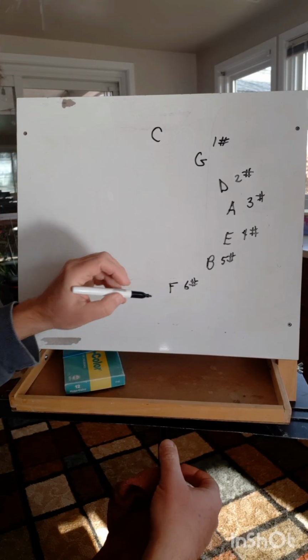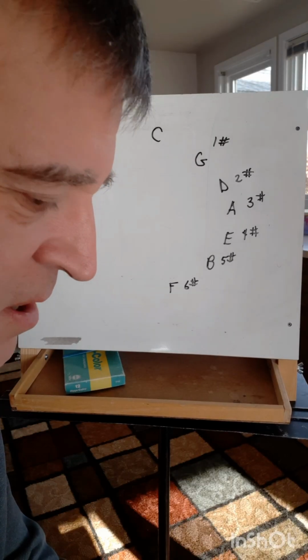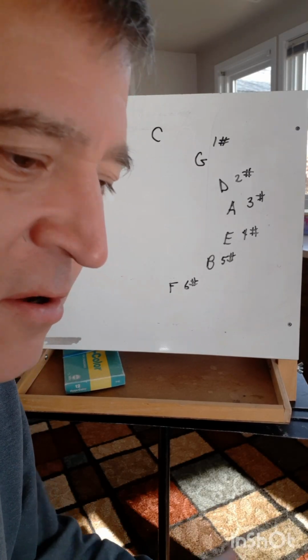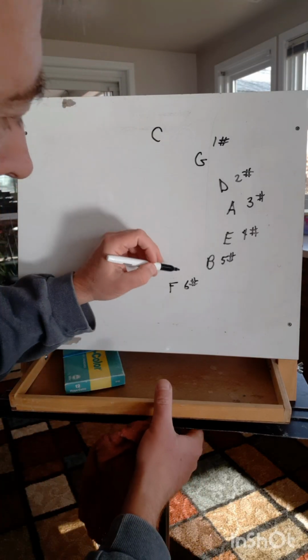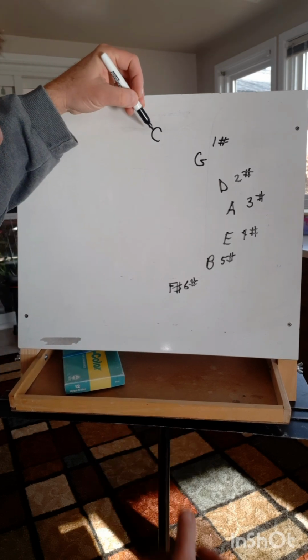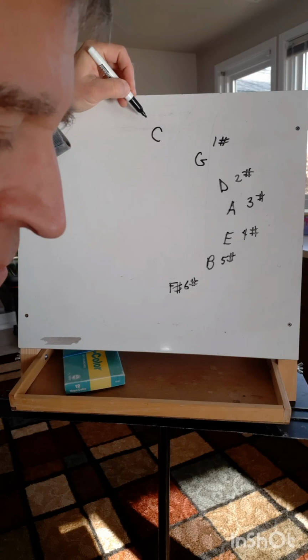That's what you would see at the beginning of the staff of music if you're reading music. It's a shorthanded way of letting everybody know that these are the notes that you're going to be playing in that major scale of that key. So F sharp.